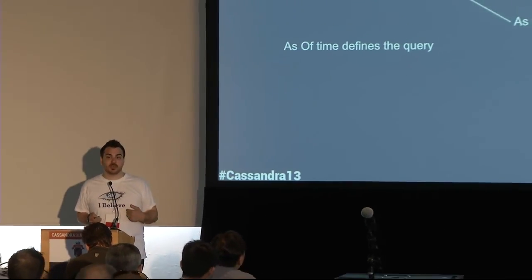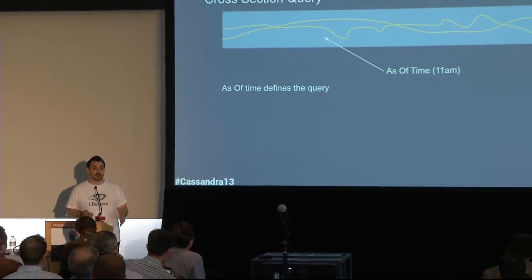In terms of a time series, normally when you're querying it, you have two types of queries. The first one is just a time series query where you have a start and end, and you're saying, give me a point for each minute. And the other one is a cross-section query, which is the idea of, I have a fund or a portfolio, and it's broken up across all these different instruments, and I need to query all of them for a slice of time.